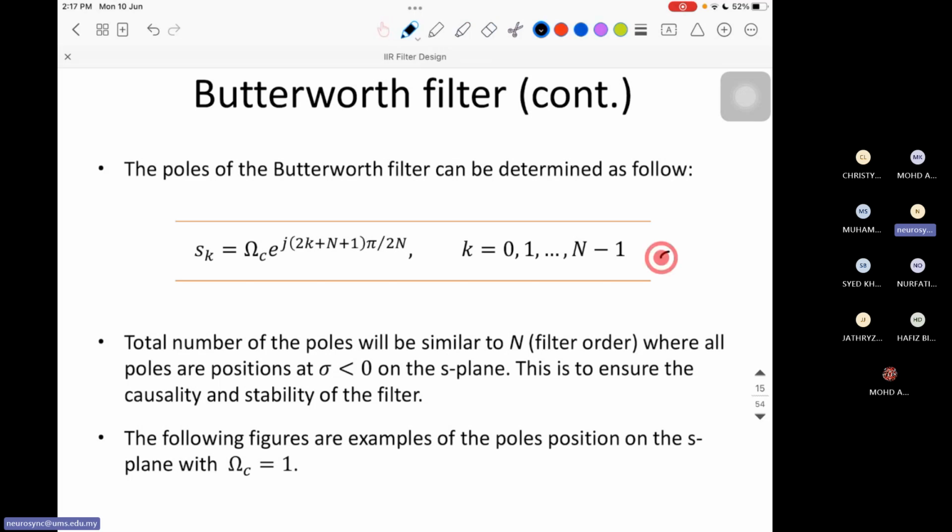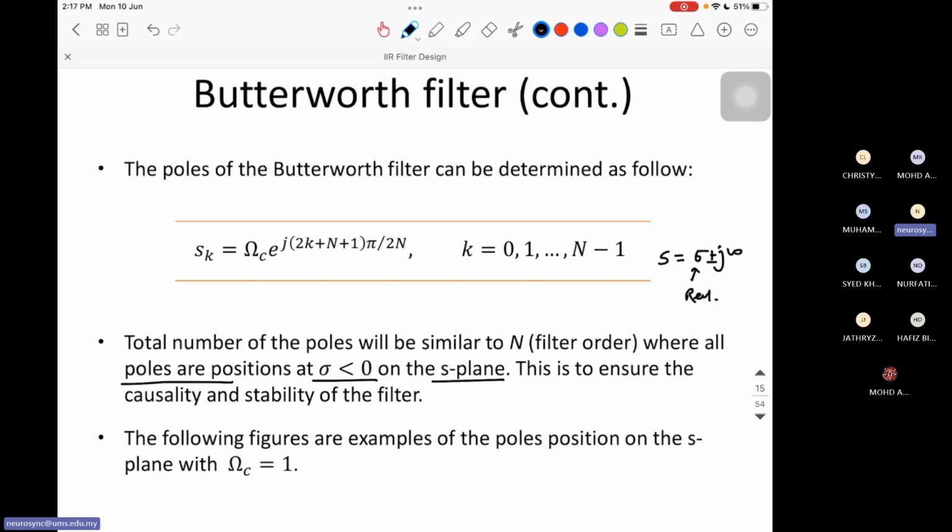So s is the pole, sigma plus or minus jω. The real part is always in the negative half plane, the left half side, so the pole position is at sigma less than 0 on the S plane.